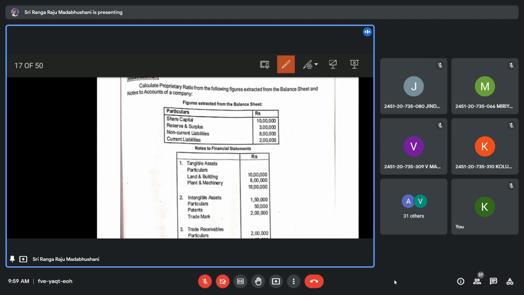So now, for proprietary ratio, you have to remember total assets to equity. Share capital and reserves come under owners' contribution, that is shareholders' contribution.